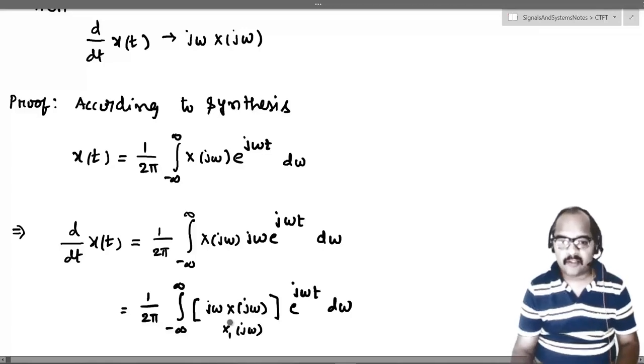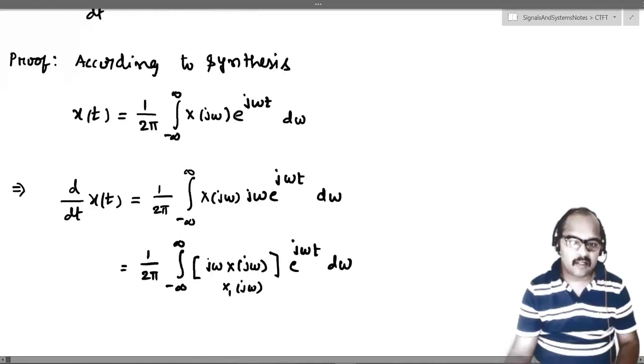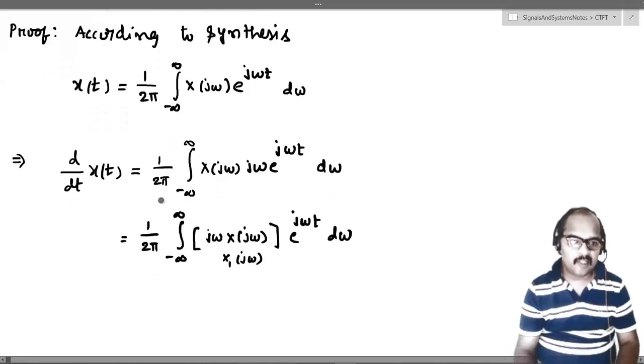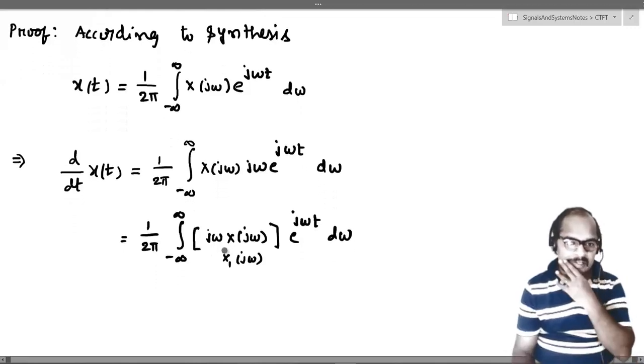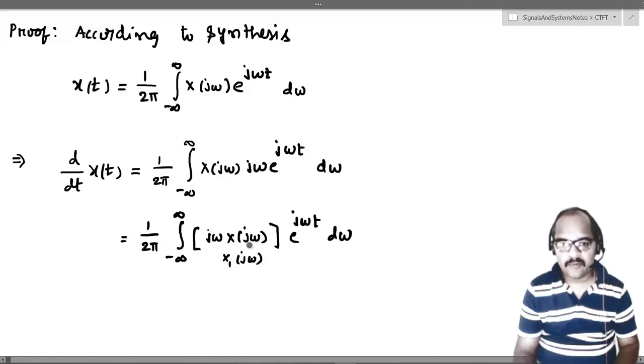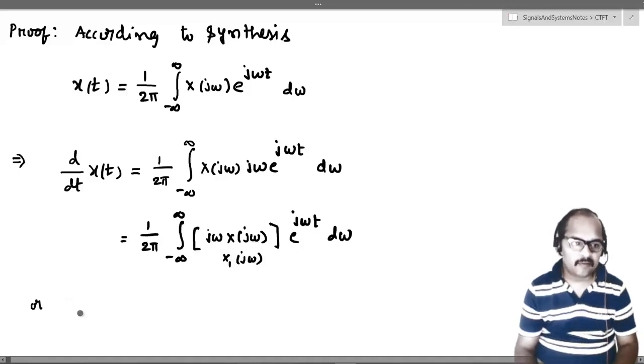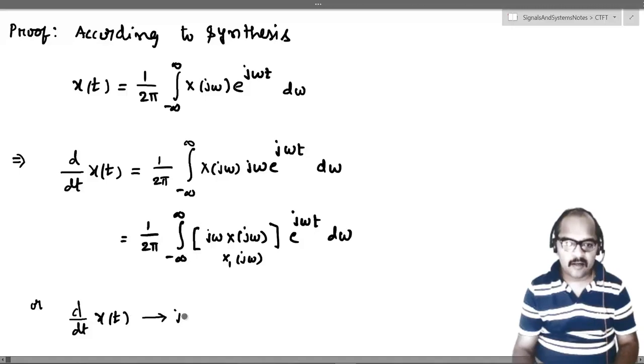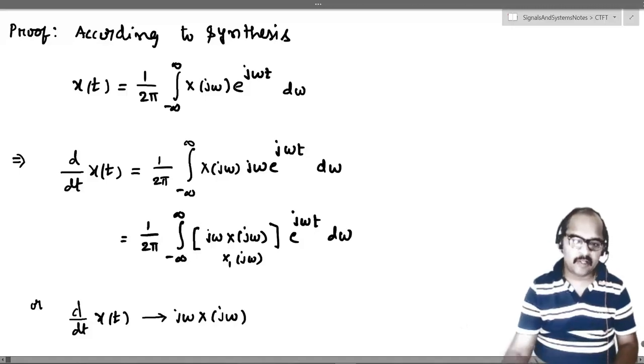But what is x1 of j omega? It is j omega times x of j omega. So definitely it means d by dt of x of t is the inverse Fourier transform of j omega times x of j omega, or d by dt of x of t will have j omega multiplied with x of j omega as the Fourier transform.